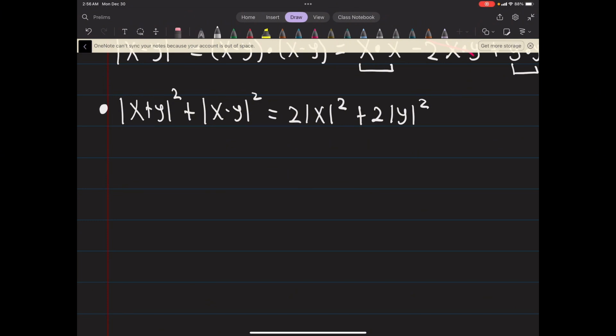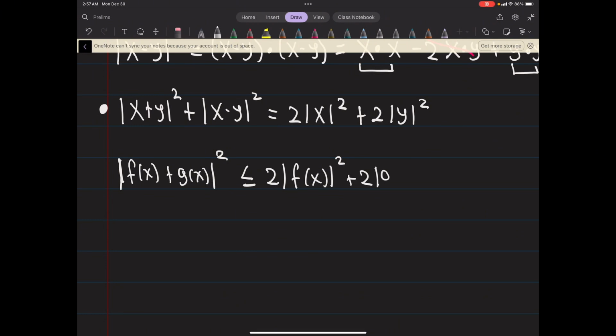So what we can say then is that |f(x) plus g(x)| squared is going to be less than or equal to 2 mod f(x) squared plus 2 mod g(x) squared.